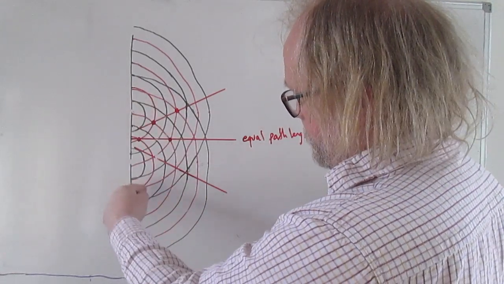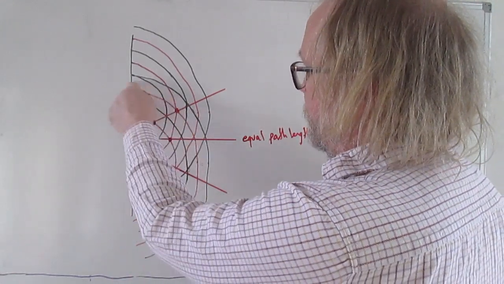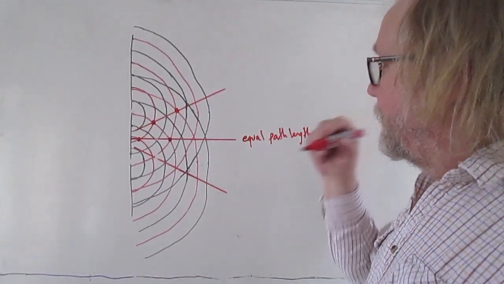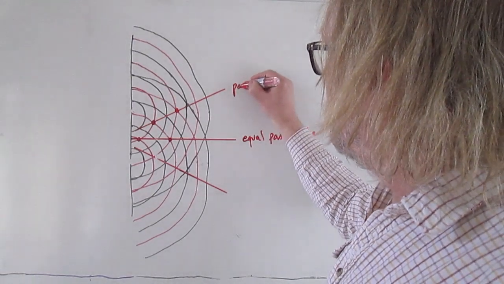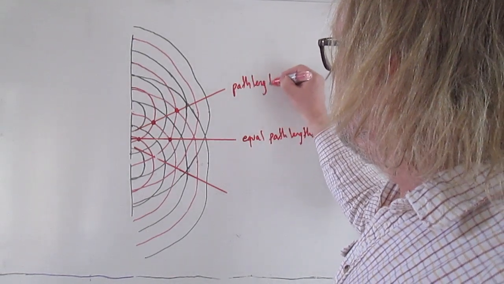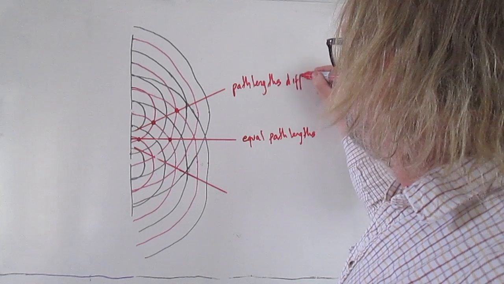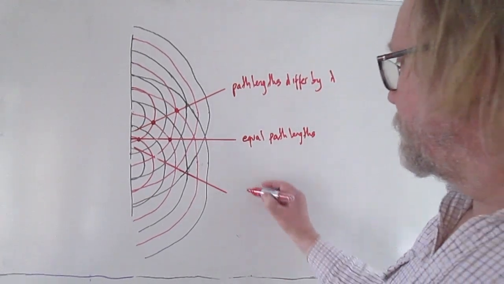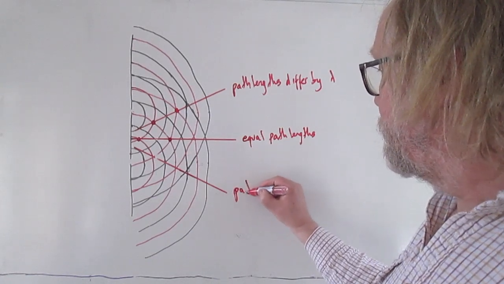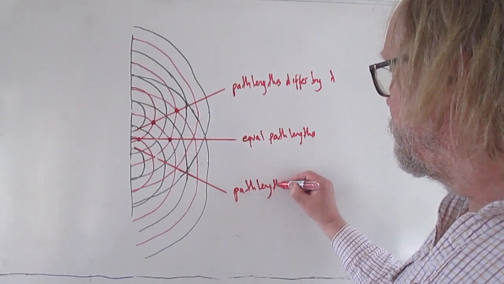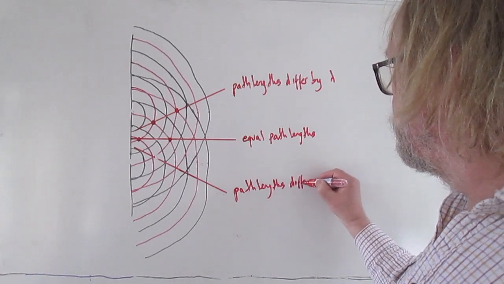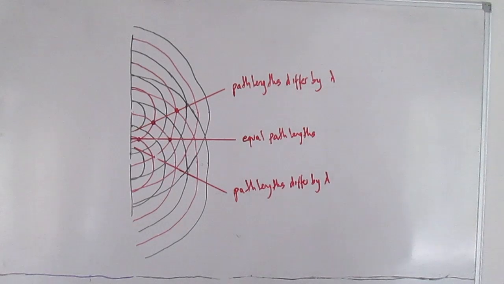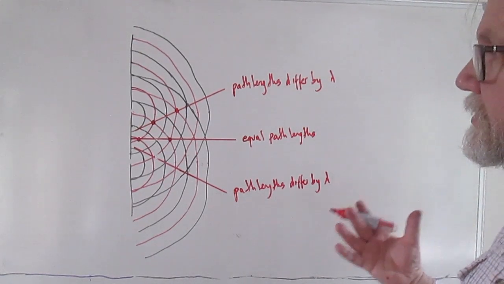It's the 3rd pink line out, so it's travelled 3 wavelengths to reach that point. So the path lengths differ by 1 wavelength there, and the same would obviously be true here, that the path lengths differ by lambda at that point.